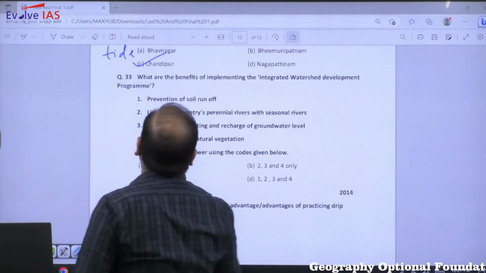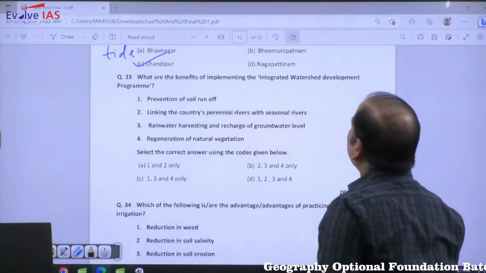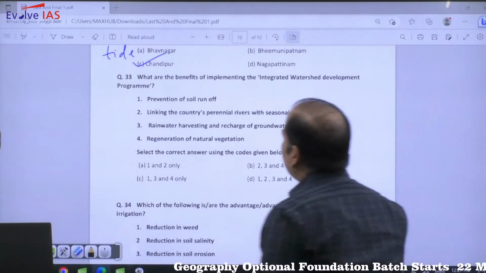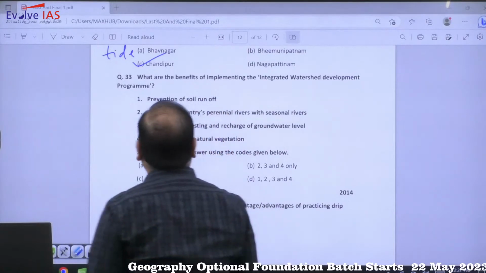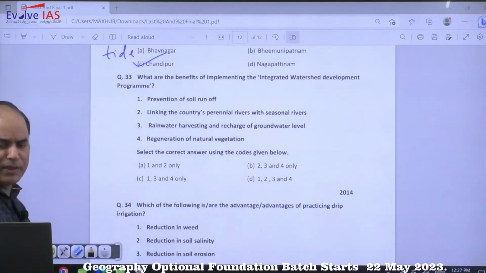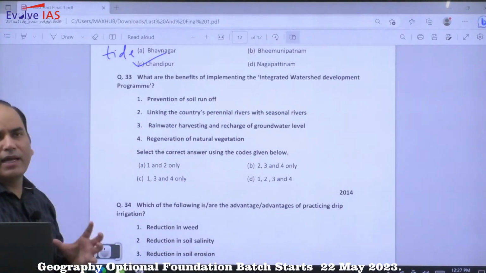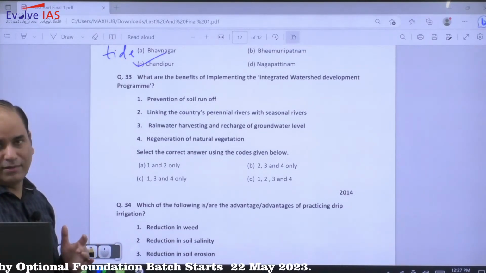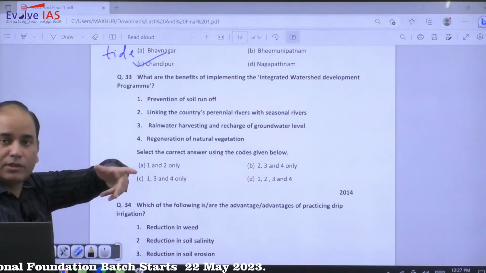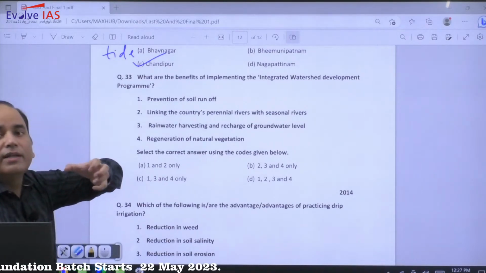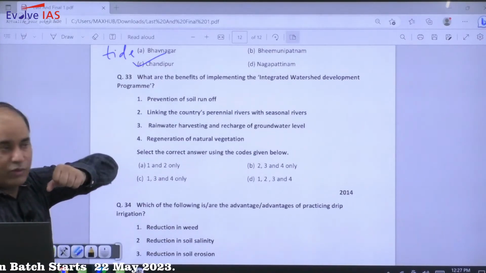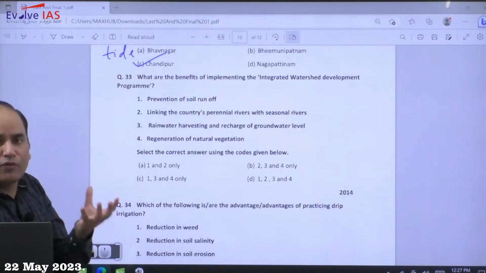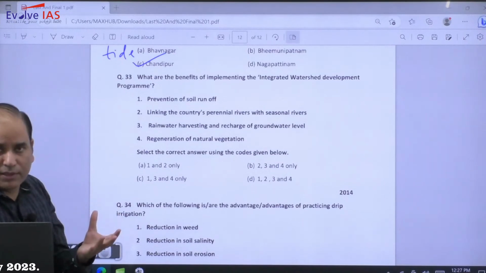Next question, what are the benefits of implementing the integrated watershed development program? As far as this watershed development program is concerned, the main idea is to conserve the water source as well as how we are utilizing it. So the source needs to be conserved, like aquifers need to be conserved and preserved.